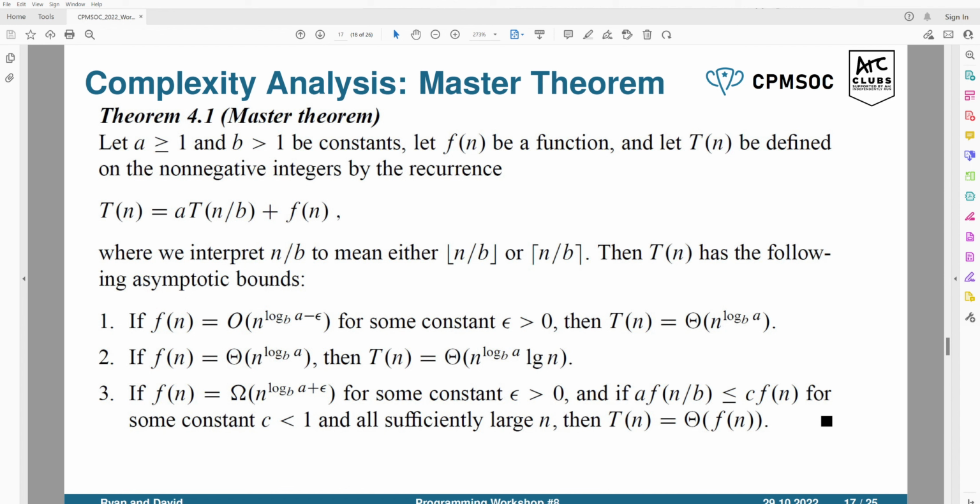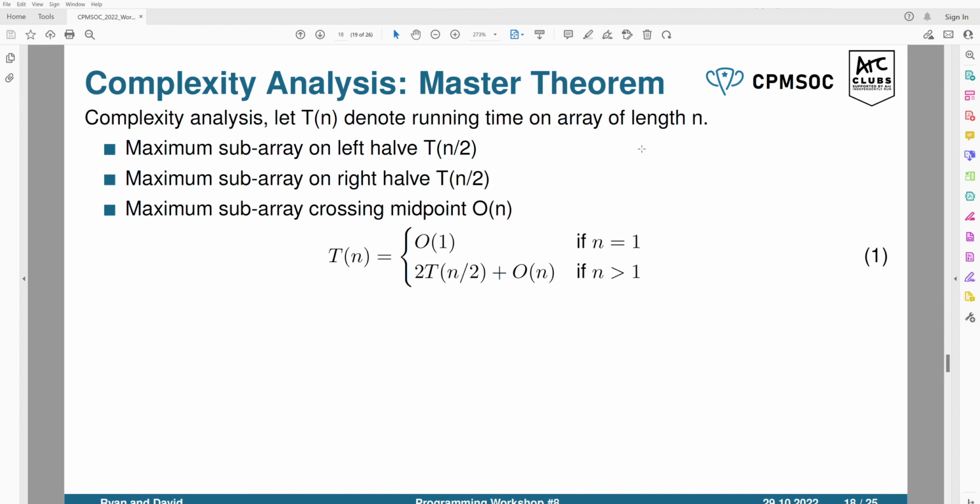Let us see an example. For our maximum subarray problem, let T(n) denote the running time for an array of length n. We call ourselves, doing recursion on the left half, and then we call recursion on the right half, and both can be denoted by T(n/2).